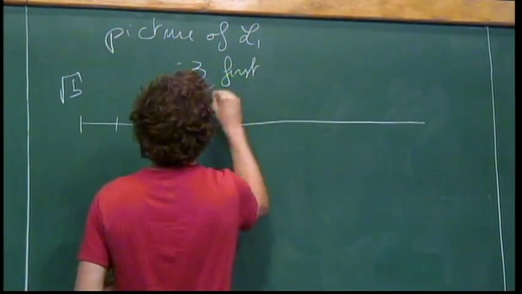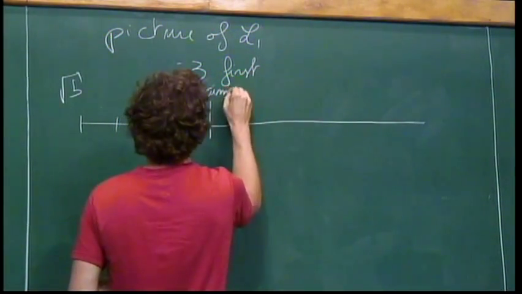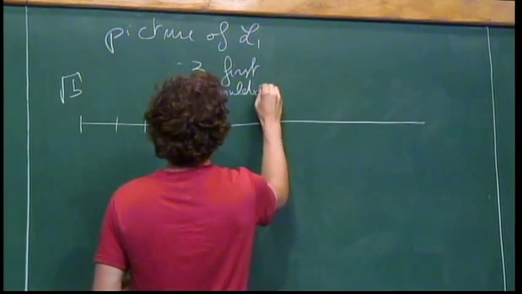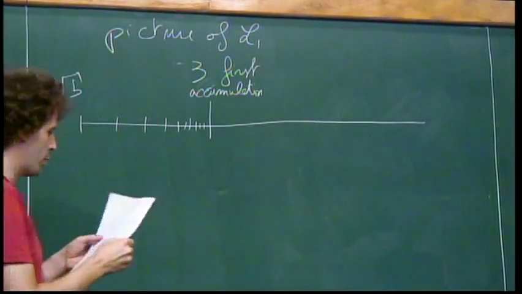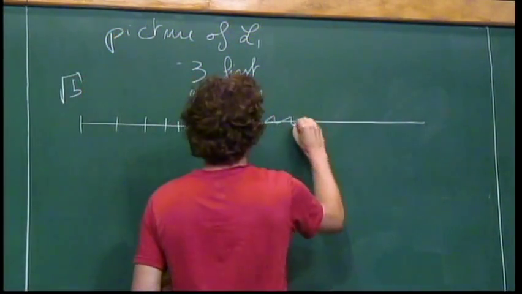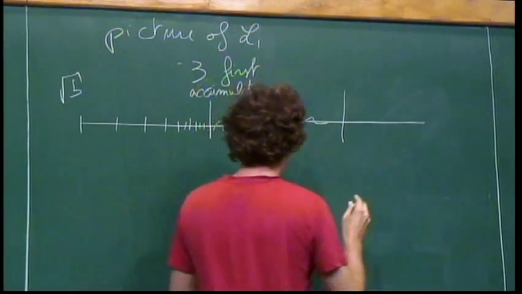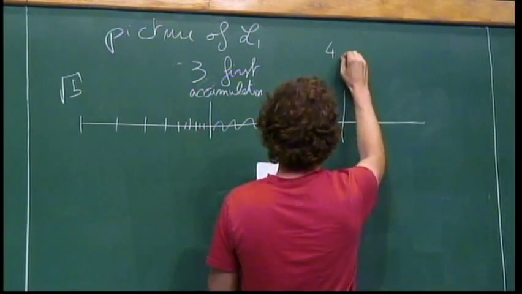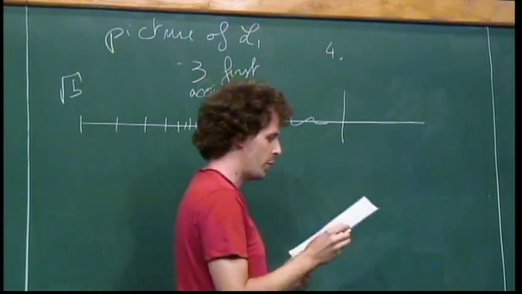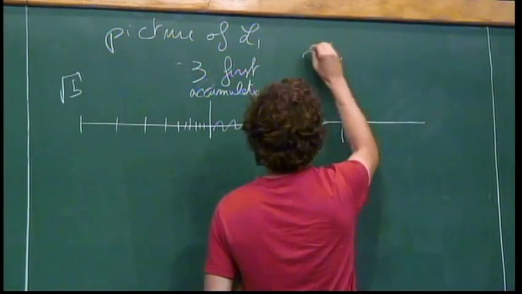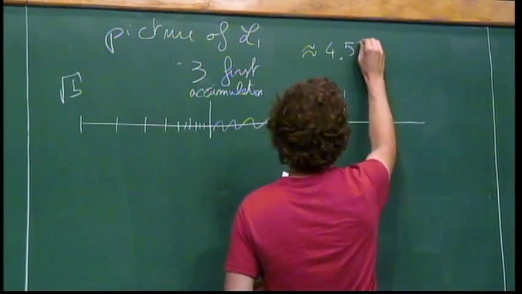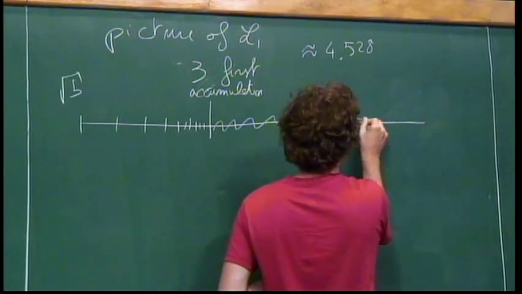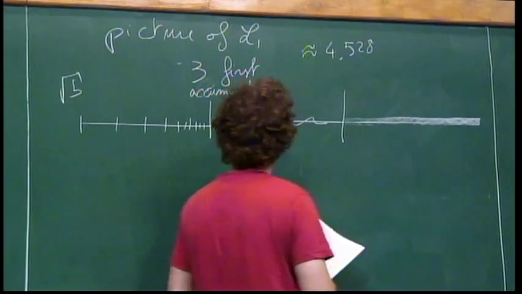Then you have some crazy structure in between. And after a crazy number, which I do not want to write, an algebraic number of degree 2 around 4.528, you have everything: a half line.